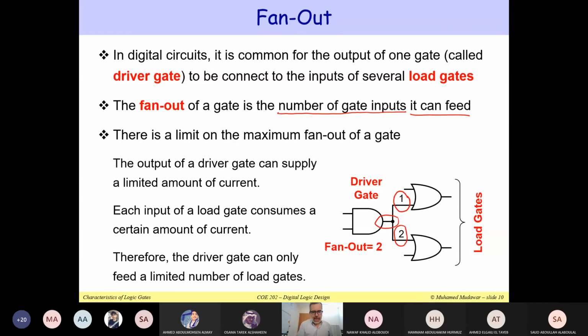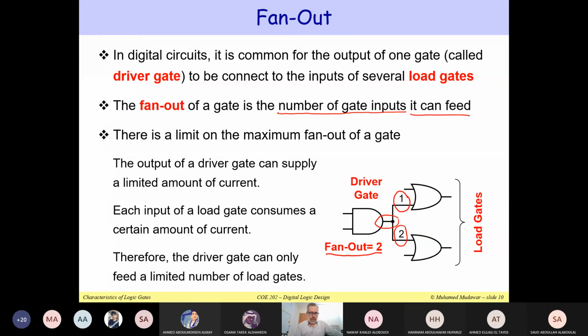So we say that the fan out is equal to 2 in this example. Sometimes in a circuit, you might have the same gate whose output is connected to the inputs of many gates. So the fan out can increase according to the number of gate inputs.